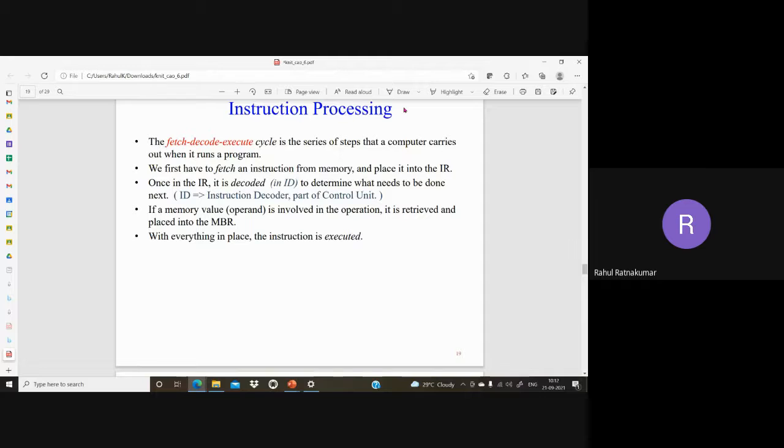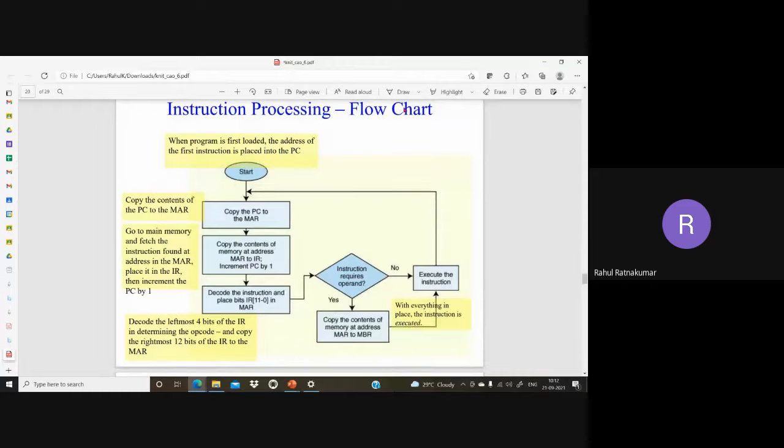When it is in IR, the decoding phase starts. Now the control unit tries to understand what the instruction is: should I add, load, store, whatever, or skip? So this is the basic overall working of instruction processing.